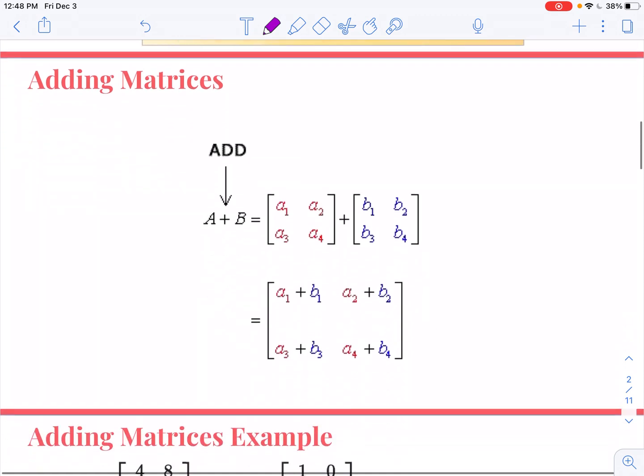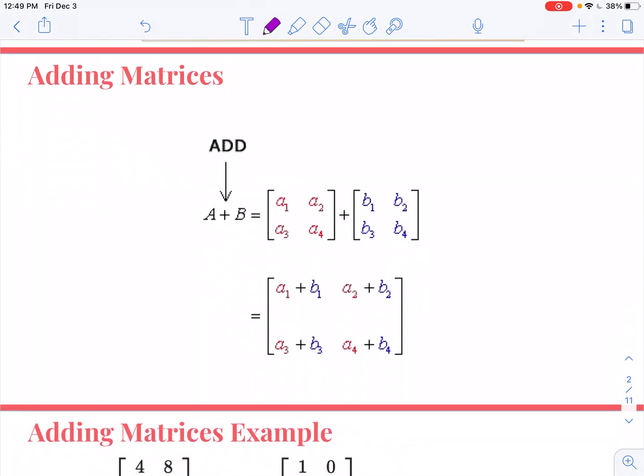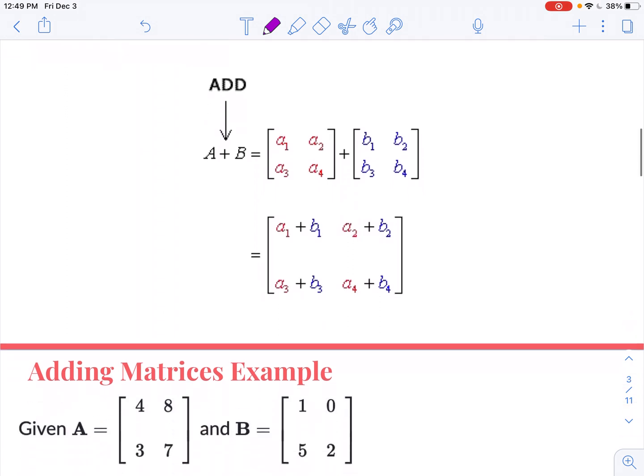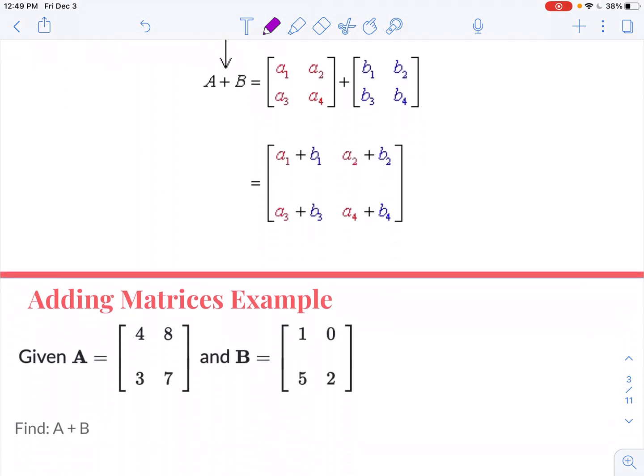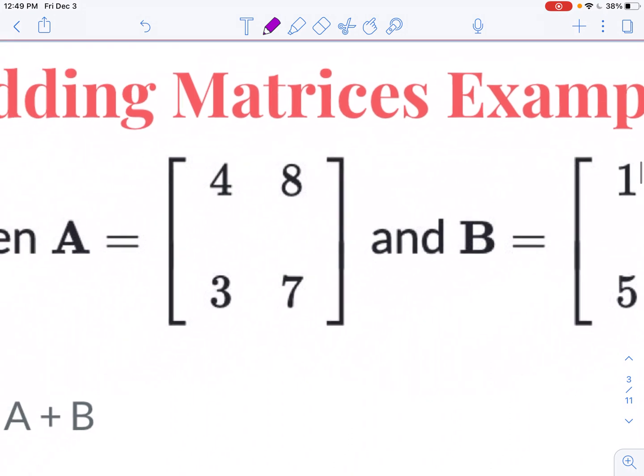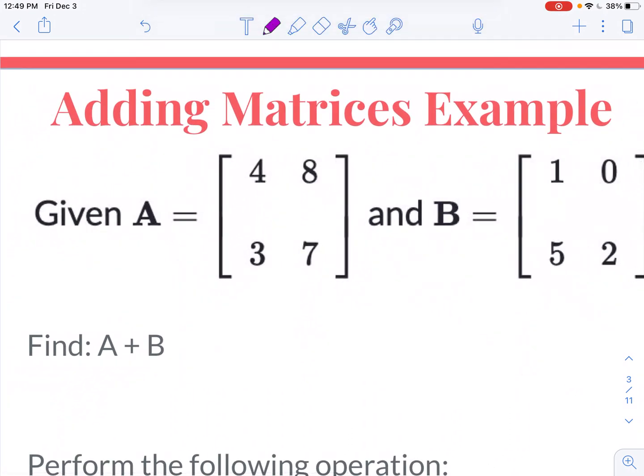Now, getting into matrix operations, addition is an extremely easy matrix operation. If I add one matrix A to another matrix B, I just add the corresponding numbers together. Now, it's important that the matrices have to be the same size. So if I look at example 1, I have a 2x2 matrix.